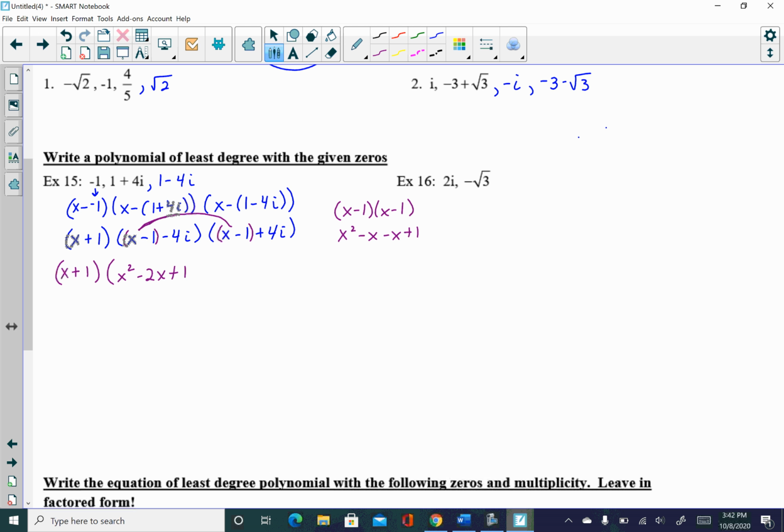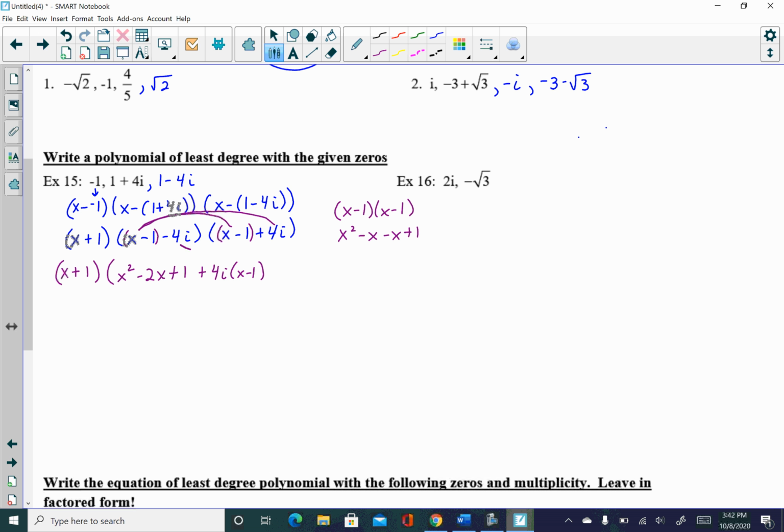Now outside, x minus 1 times 4i. Let's piggyback off of some things we saw in previous sections. When you multiply your outside, you're going to have positive 4i times this x minus 1. I'm just going to write it like this.